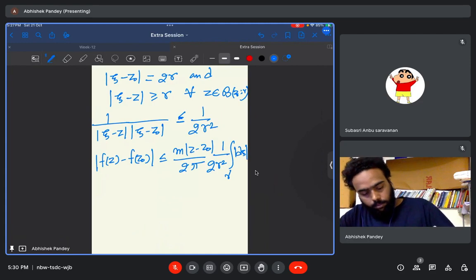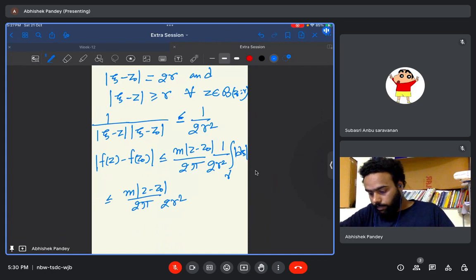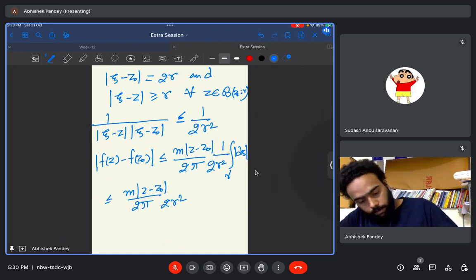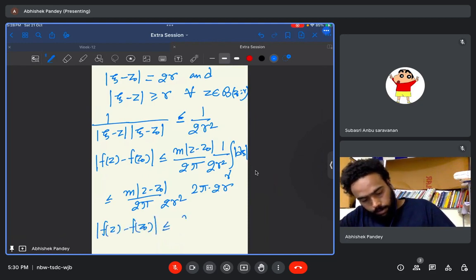Okay, so this is less than or equal to |z minus z naught| 2 pi upon 2R square, and this will be 2 pi into 2R. So now |f(z) minus f(z naught)| will be less than or equal to M mod z minus z naught upon R.